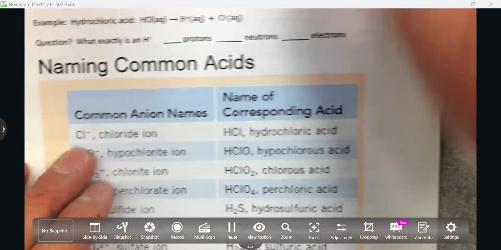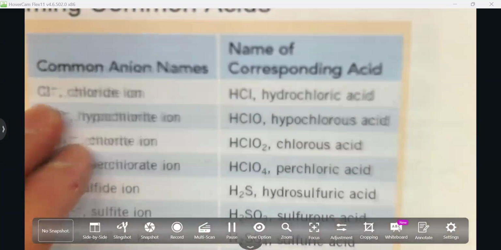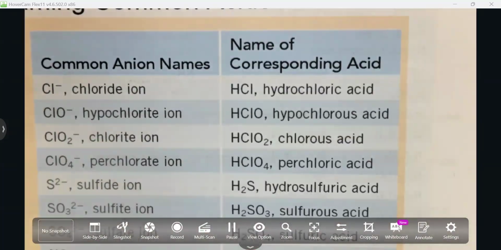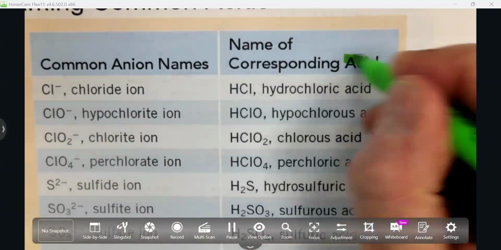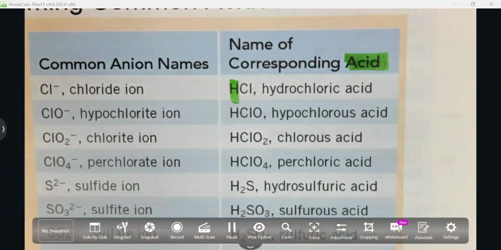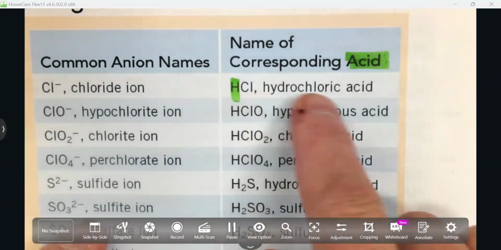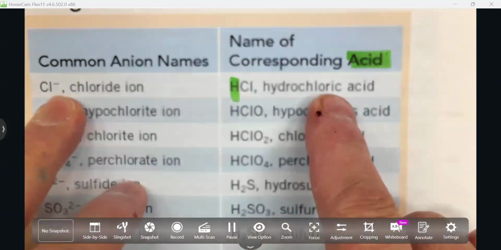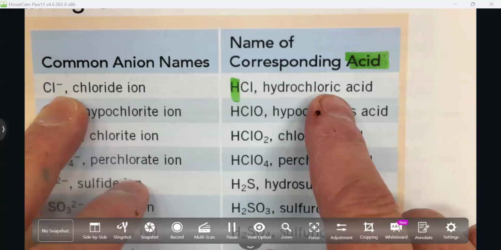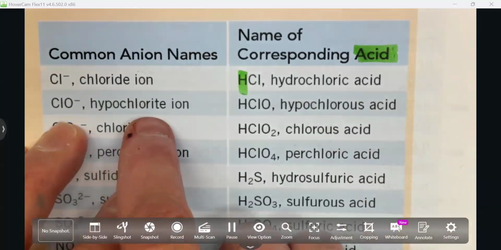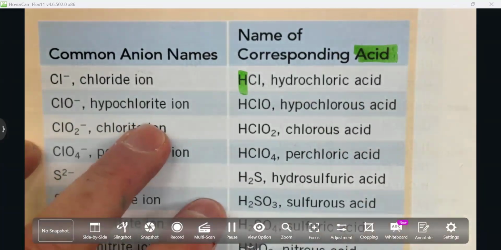This is just a chloride ion. If you make it an acid, starting with hydrogen, all of these start with hydrogen. Starts with hydro, ends in ic, because this is a non-oxy. Hydrochloric. This is an oxyacid.